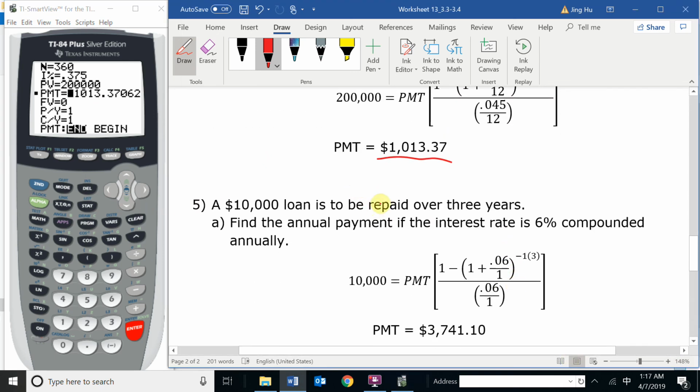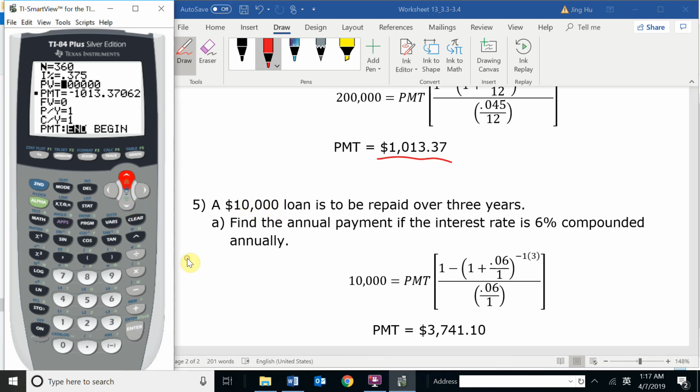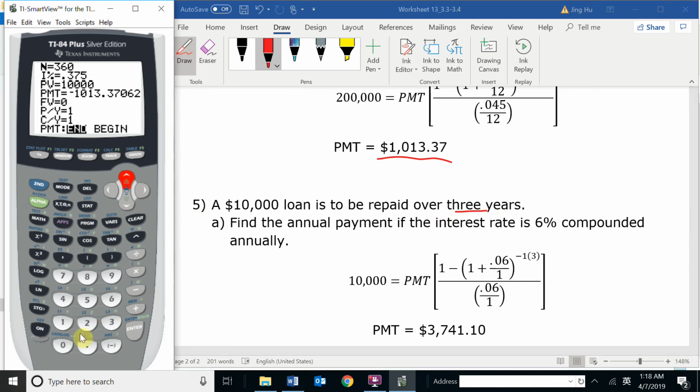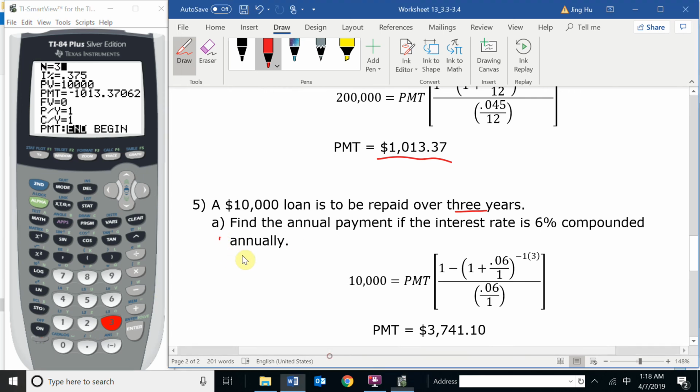The last question, loan is 10,000. So that means the present value is 10,000. And for 3 years, and the keyword is annually. So this N is 3.